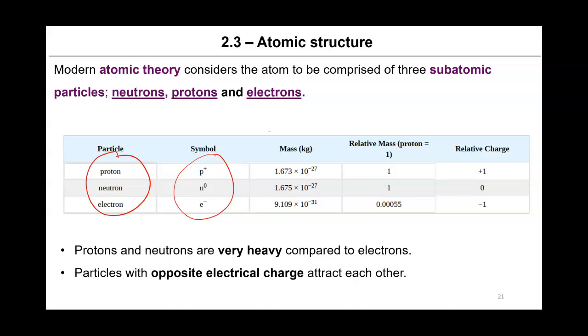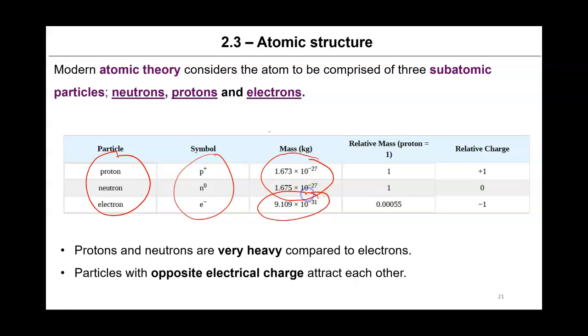These particles are very small, having masses between 10 to the minus 31 kilograms and 10 to the minus 27 kilograms. You can see that the neutrons and protons in an atom are about the same mass, with the mass of the neutron being a tiny little bit bigger.